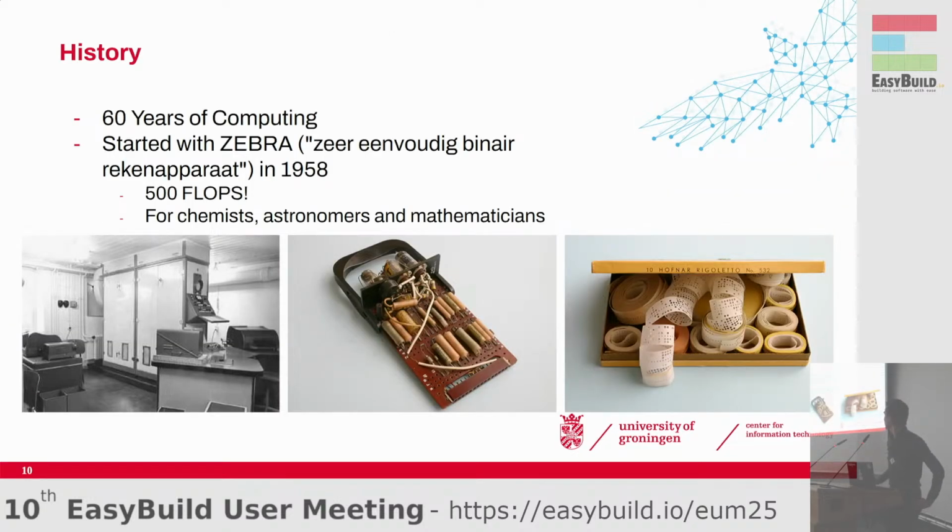Well, a little bit of history. I don't have much time. I just wanted to show a few nice pictures. So we have a very long history in computing at University of Groningen. This is actually the first device called Zebra, which is Dutch for basically very simple binary computing device, with a staggering 500 flops.